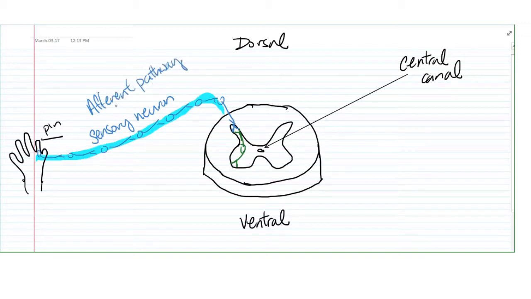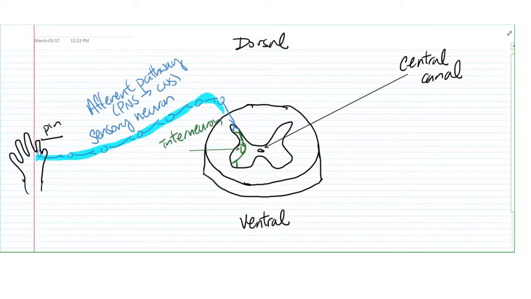And as you recall, in lecture 5, the afferent pathway takes information from the PNS towards the CNS, and now you know that information is going to enter at the back of the spinal cord. Over here we have the green neuron, which resides exclusively inside the gray matter, and that is what we call the interneuron.